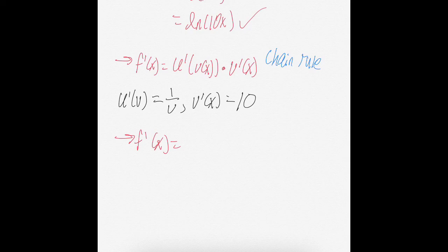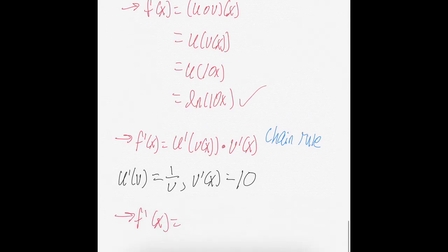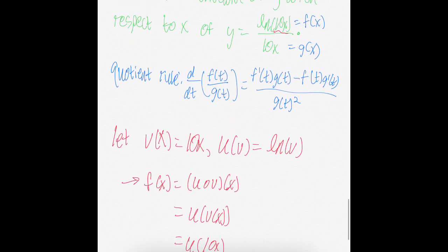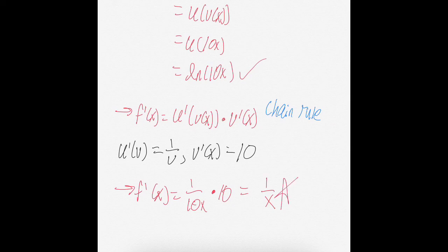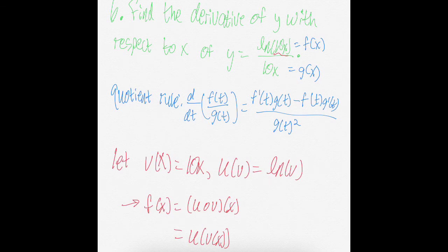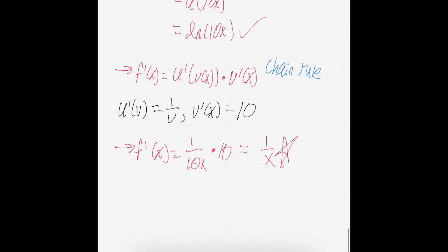So plugging this into our formula, we see that f prime of x, so u prime of v of x, so u prime says do 1 over whatever's on the inside, so in this case v of x. V of x is 10x, so this is 1 over 10x. And then multiply that by v prime of x. Well, we just found that v prime of x is 10. And so this is just 1 over x. Okay, so that worked out nicely. The 10s are canceling here. All right, so that gives us f prime of x. We're going to need that later for quotient rule, so star there, help us find it later.